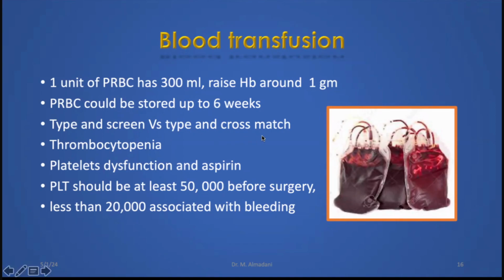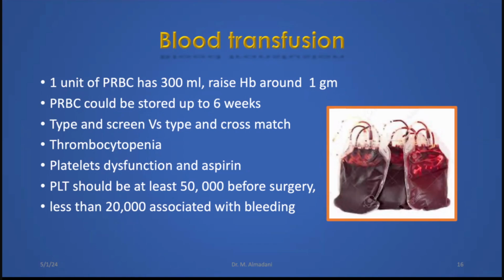What is the meaning of type and cross-match? Cross-match means you are taking two samples, one from the recipient, which is the patient, and the other from the donor. You cross them together. You put them in the same container. Even if the patient and the donor have the same blood group, they might not be compatible with each other.